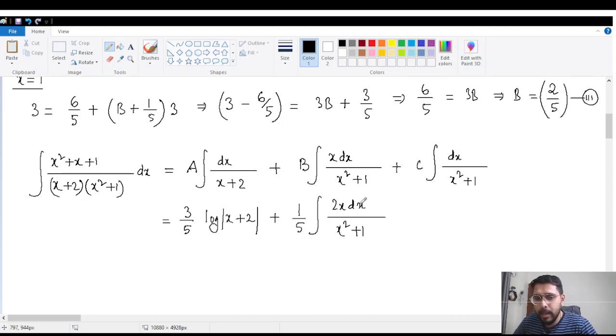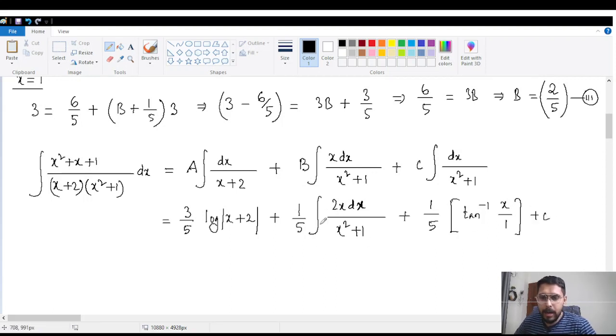Why have I done so? I'll explain in a while. Let us complete this first. C is 1 by 5 integration dx over x square plus 1. This is clearly the form of 1 by a tan inverse x by a, where a is 1 here. So it will be tan inverse x over 1, and plus c at the end.